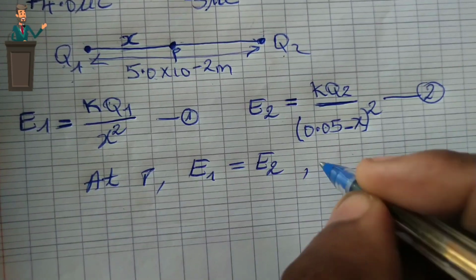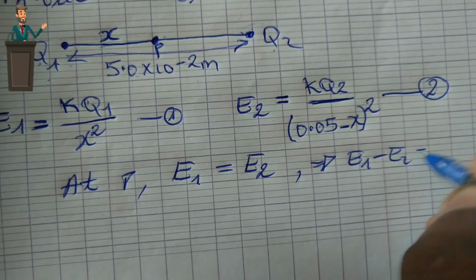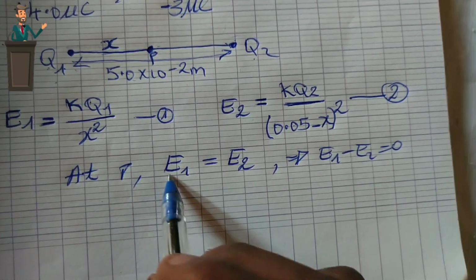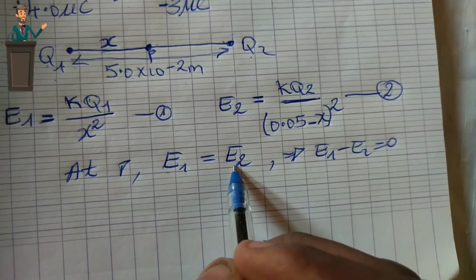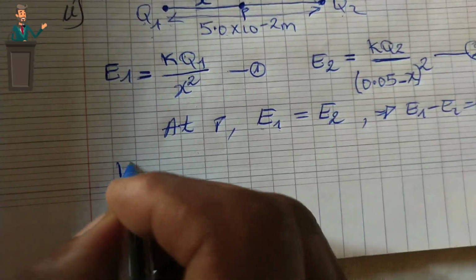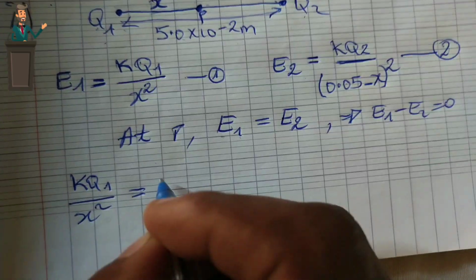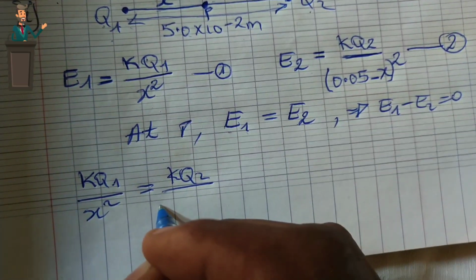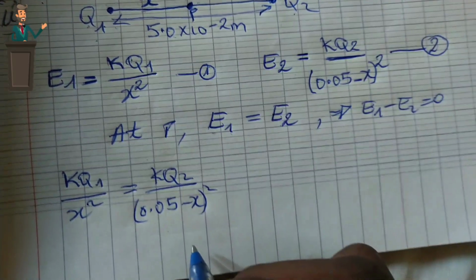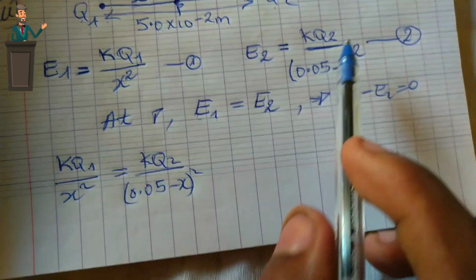And if E1 is equal to E2, this means that E1 minus E2 is equal to 0. So let us evaluate that E1 will be equal to E2. KQ1 over x squared will be equal to KQ2 over 0.05 minus x, all that squared. This is the meaning. If E1 is equal to E2, it means that equation 1 will be equal to equation 2.